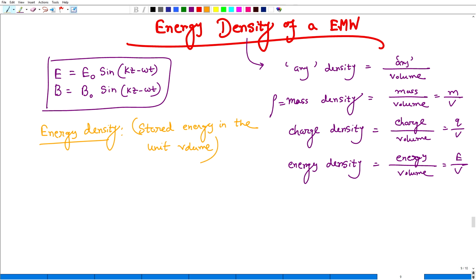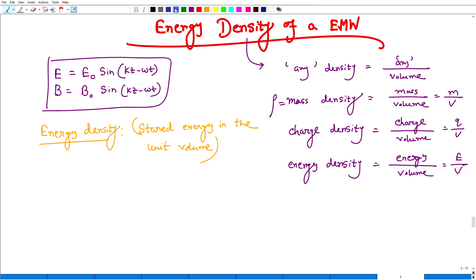So, there are two fields in the electromagnetic waves. One is the electric field, another one is the magnetic field, right? So, there will be two types of energy density. First is the energy density due to the electric field, another one is the energy density due to the magnetic field.